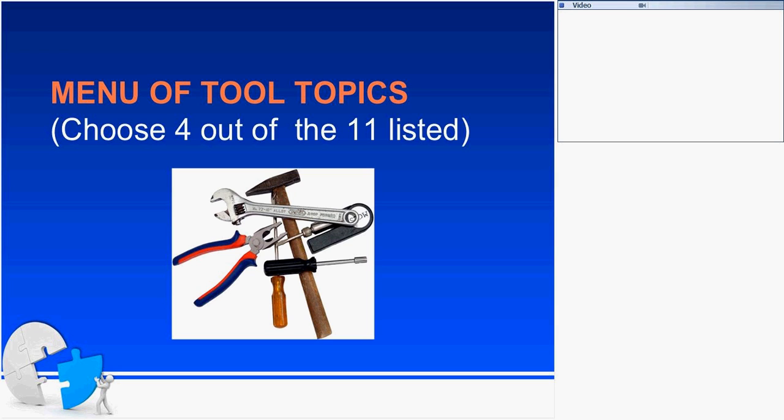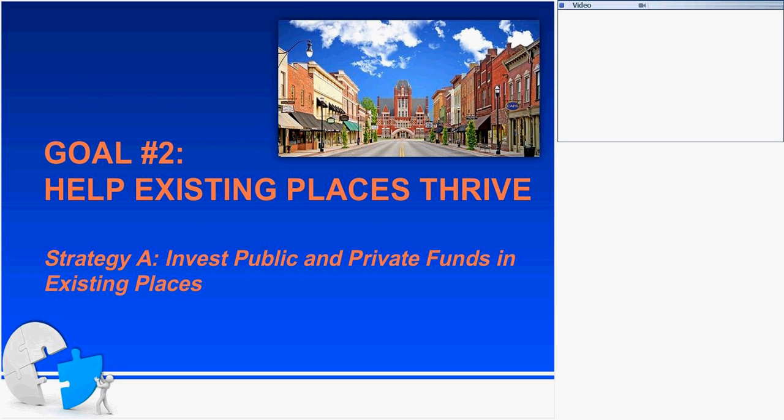This is under Goal 2, which is Help Existing Places Thrive. Strategy A, Invest Public and Private Funds in Existing Places. And just to make this clear, this is a little bit confusing, but as I said before, there are the 3 broad goals, and then under each goal there are a couple different strategies that can help implement that goal. And then under each strategy there are specific tools. So it's kind of a 3-tiered structure.